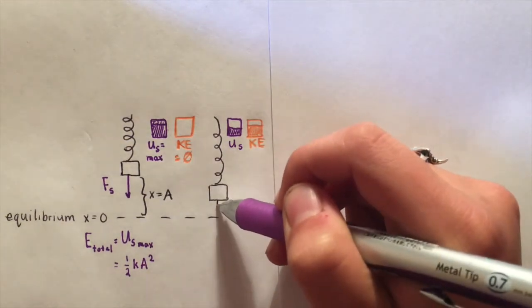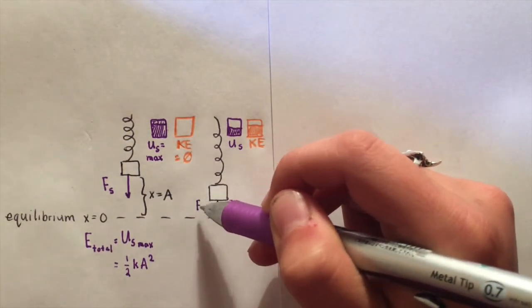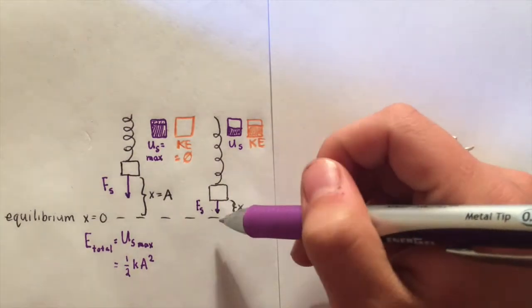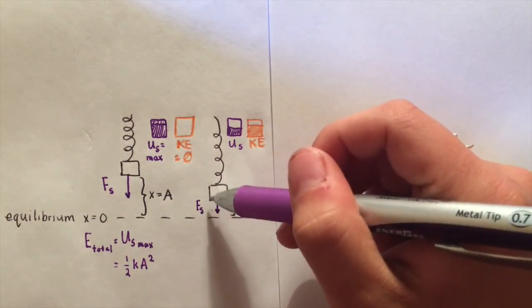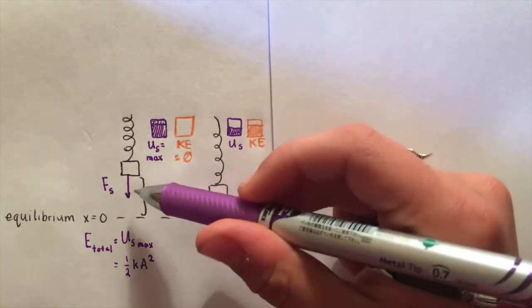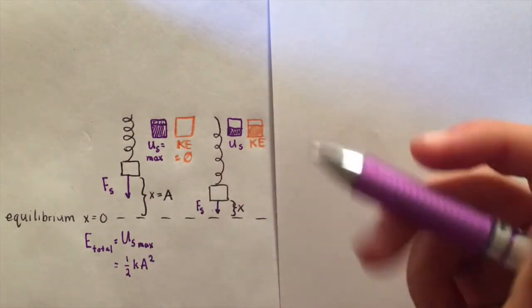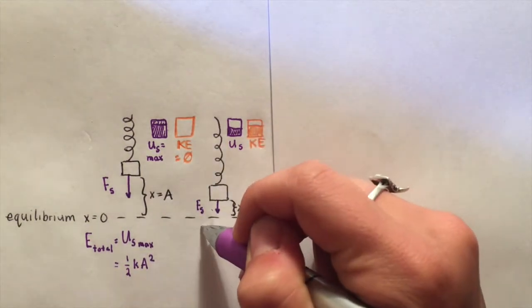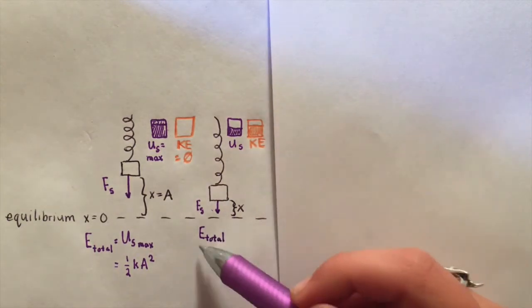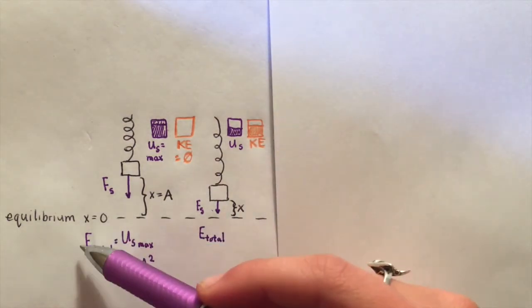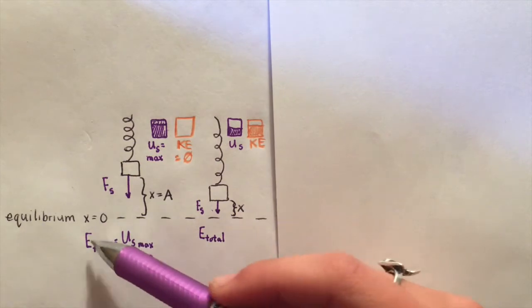Our spring force is still pointed downwards, but it's a much smaller arrow because the spring system is not displaced as much as it was over here. Okay, so now my equation for my energy total, and this energy total is no different from the energy total that we had over here.